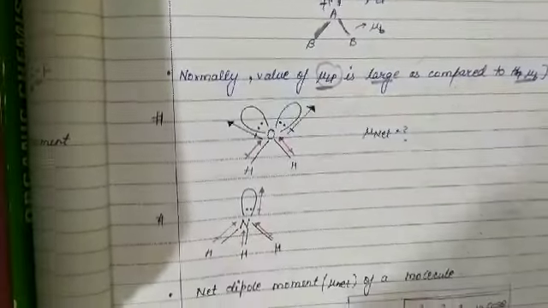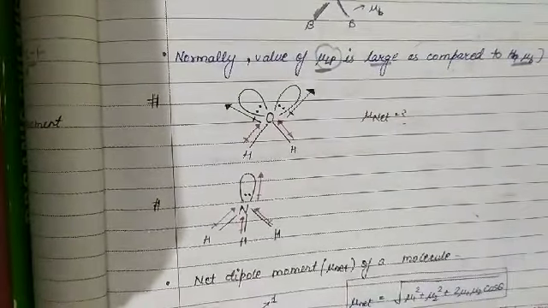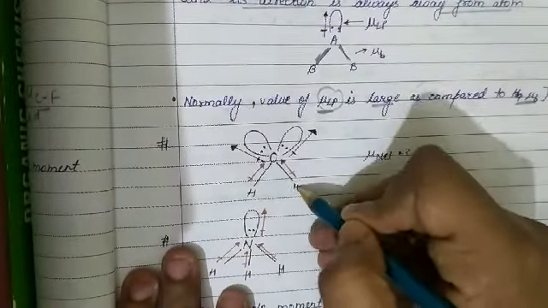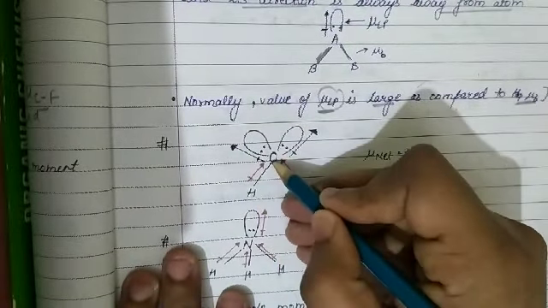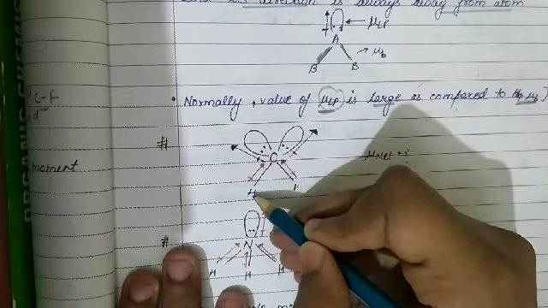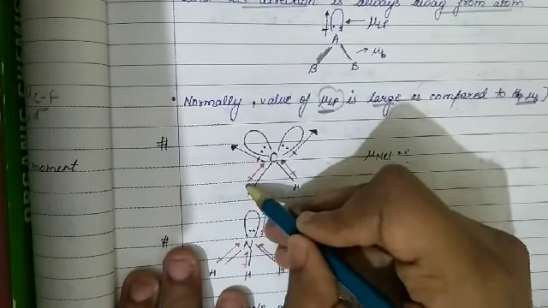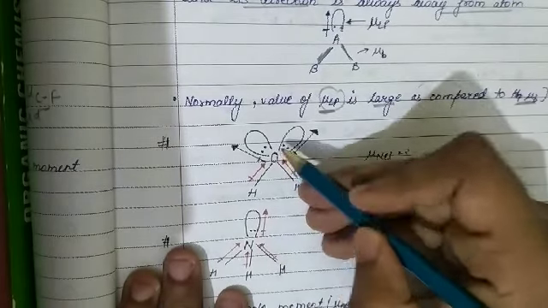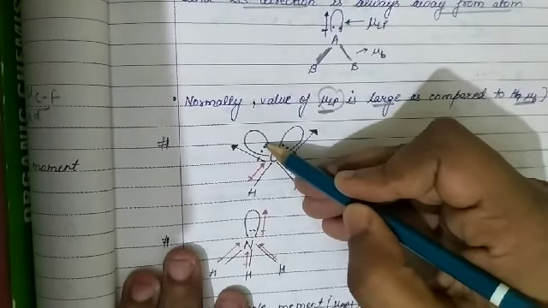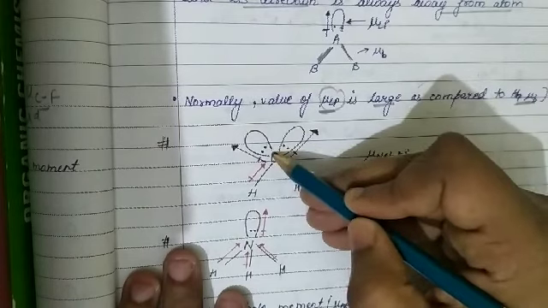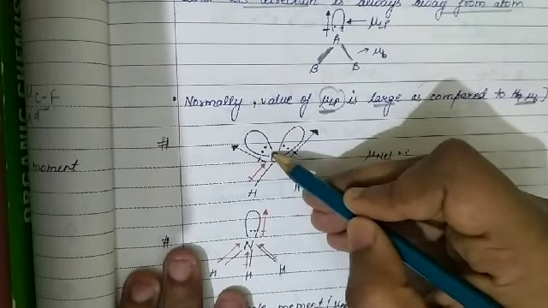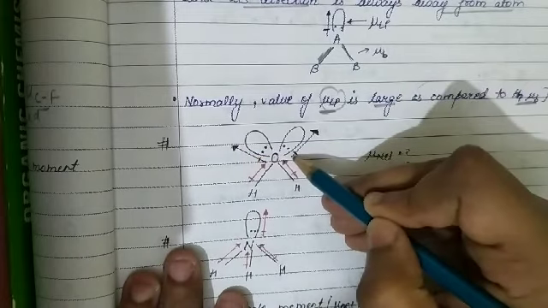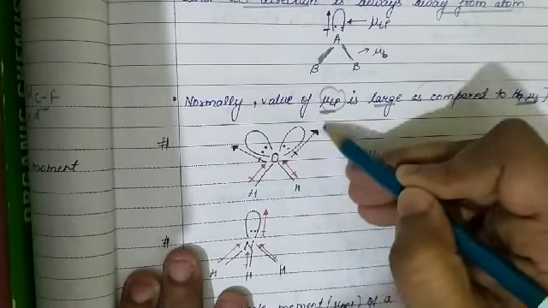Now in this case, we have to identify the dipole moment of water. Hydrogen and oxygen: oxygen is more electronegative, so oxygen is negative and hydrogen is positive. So the direction is from plus to minus, and again in this bond too. Then the oxygen atom has lone pairs, and the lone pair vector direction is away from the atom. So this is a lone pair vector, and this is also a lone pair vector away from the atom.